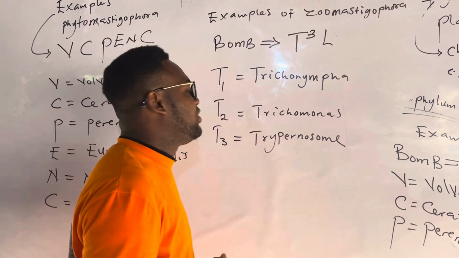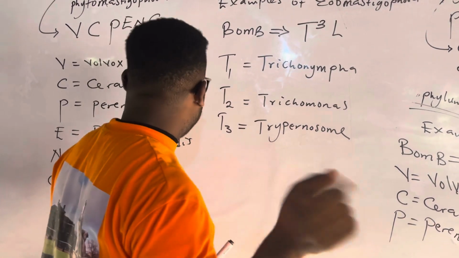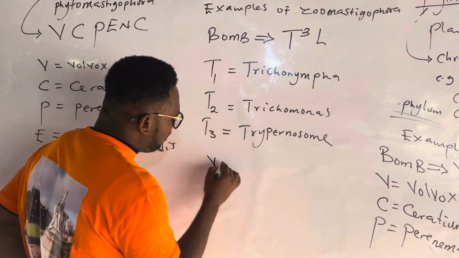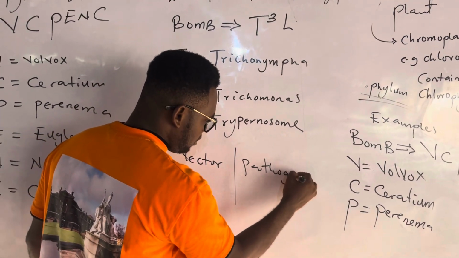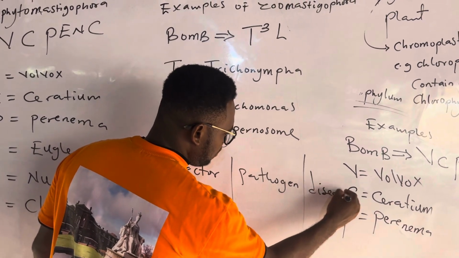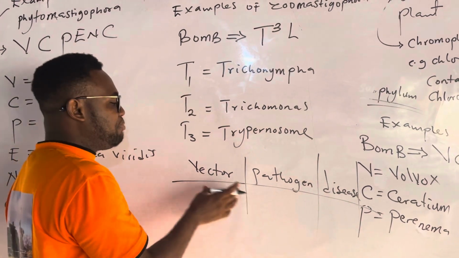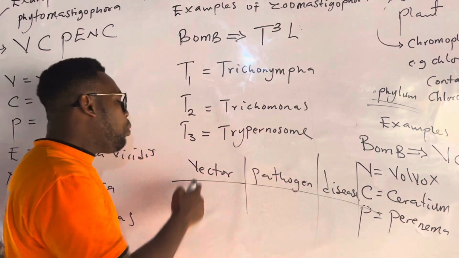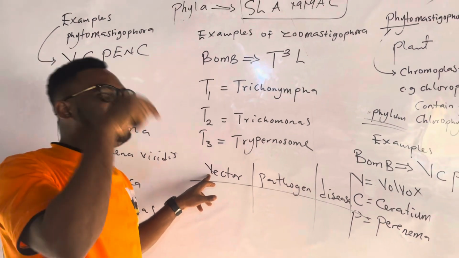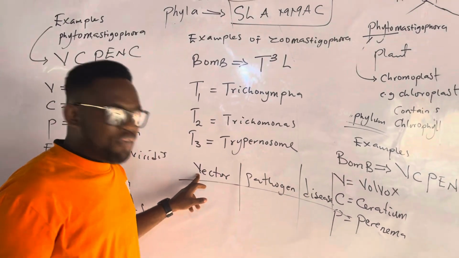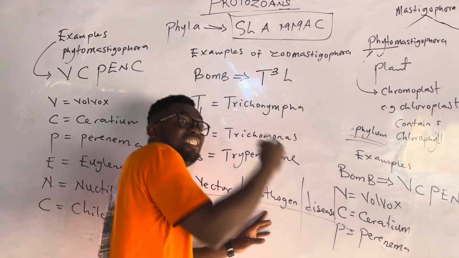Trypanosome in turn causes a disease called what? Sleeping sickness. It is important I tell you in biology, there is a difference between vector, pathogen, and disease. Most times we are supposed to put it in tabular form, but I'm not teaching this now. But it is important I tell you the difference between these things now. What is a vector? A vector is an animal or a carrier of the disease-causing organism. For example, the tsetse fly is a vector. What is the pathogen that it carries? The disease-causing organism.